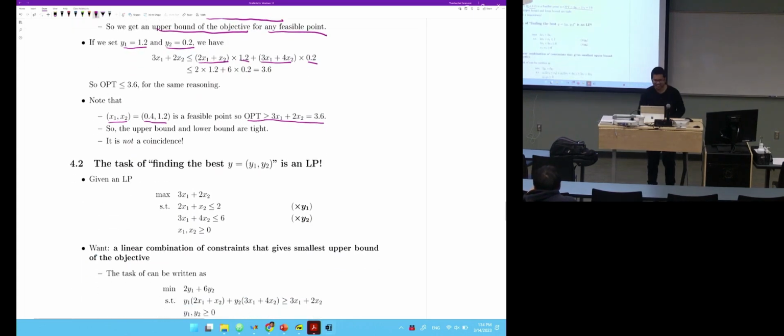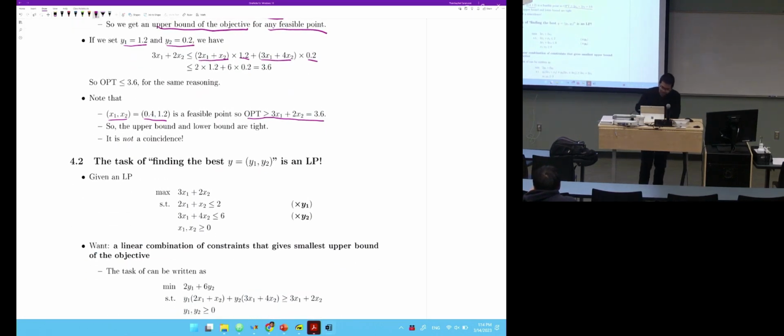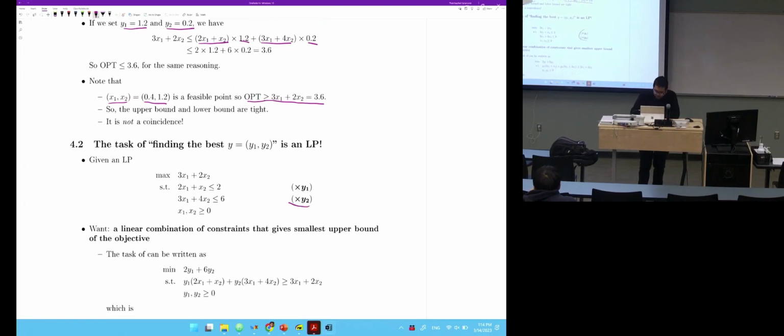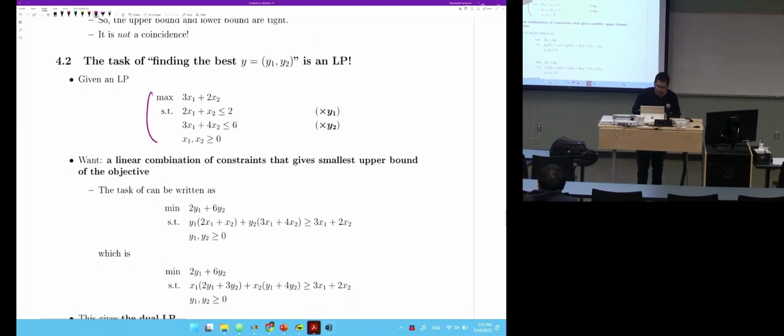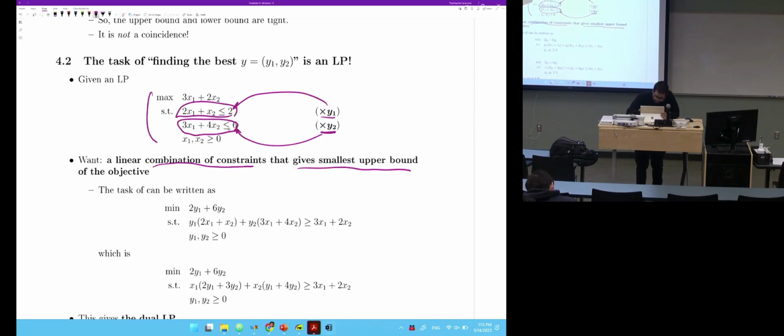Okay, so that's cool. So let me try to say why the problem of finding this y is an LP. You have this LP, right? And now what we want is to find the linear combination of constraints that gives the smallest upper bound of the objective. So in this problem, we want to find y1 and y2 such that once I multiply y1 and y2 to the constraints, I get the best upper bound.